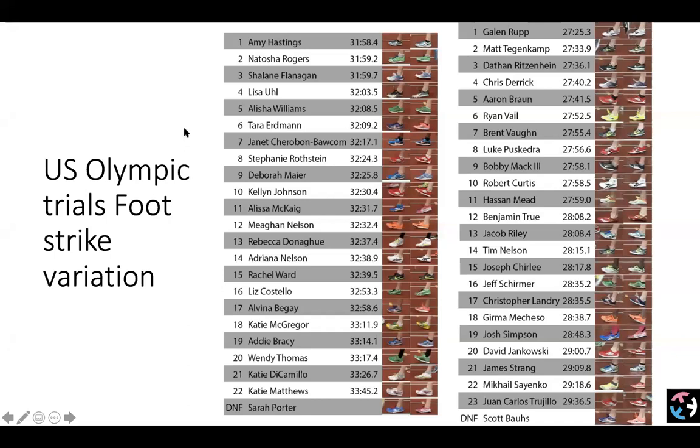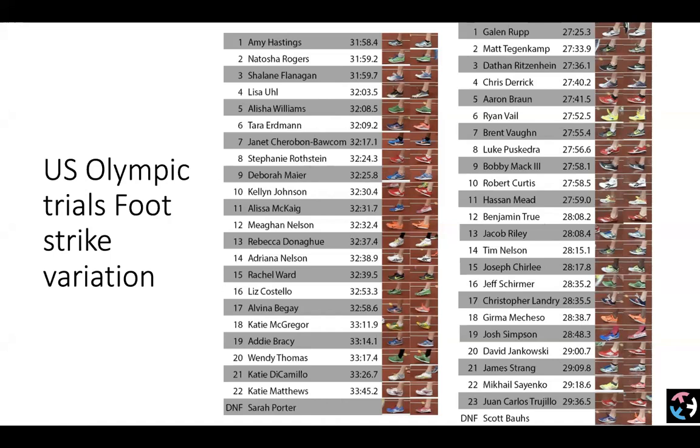Before we get into the meat of it, I just wanted to show you this infographic from the US Olympic trials for 10,000 meters. We've got the females on the left, showing some pretty impressive times from 31 minutes to 33, and the males on the right, from 27 minutes down to 29 minutes. It shows the different styles of how people land with each foot.